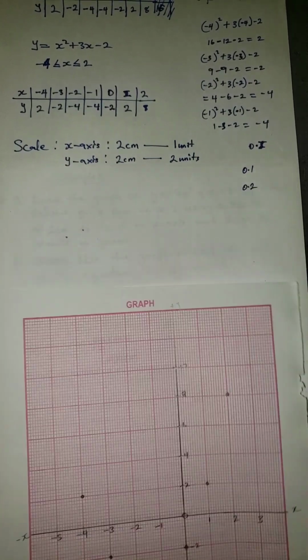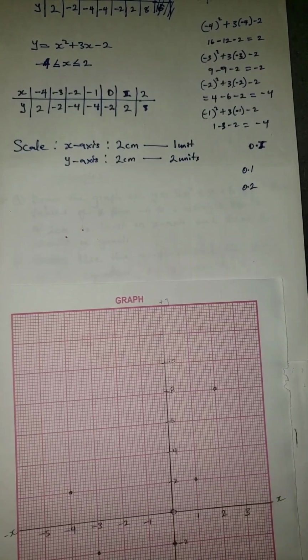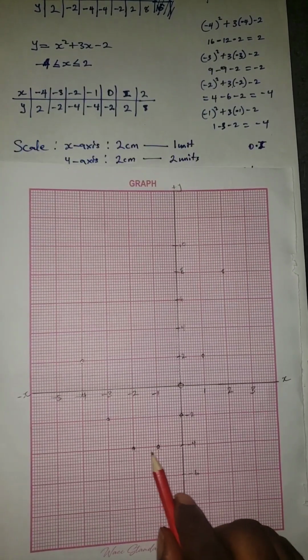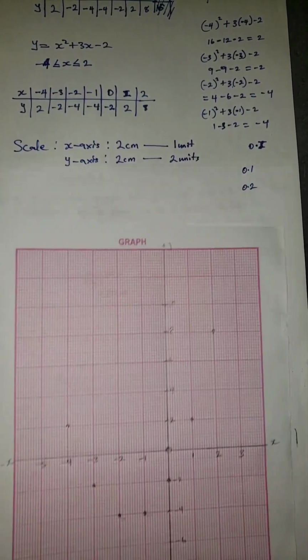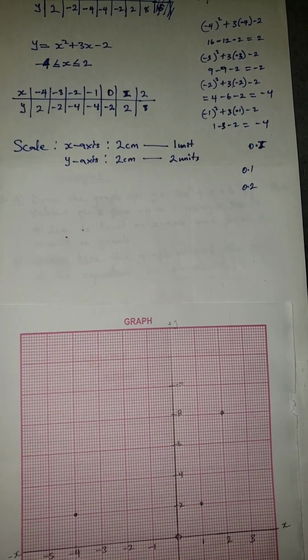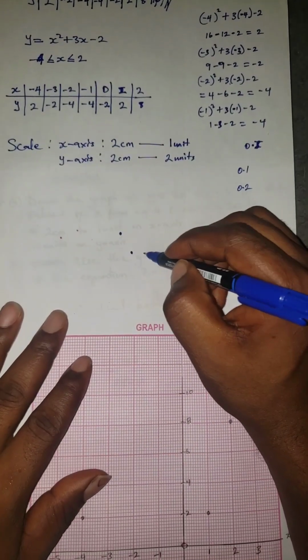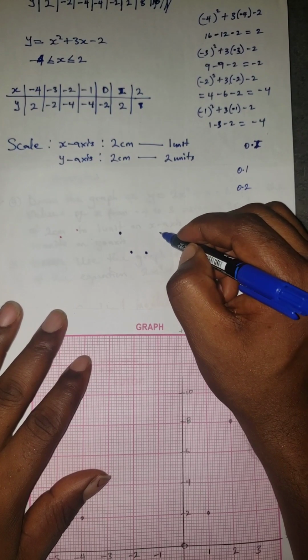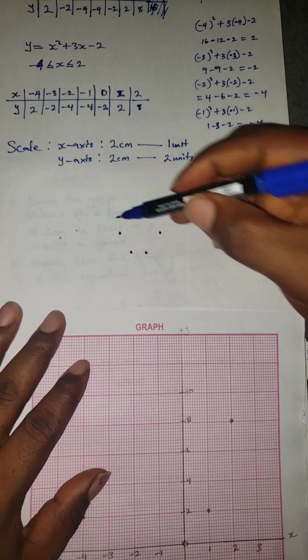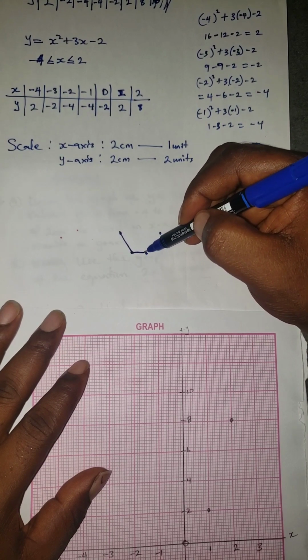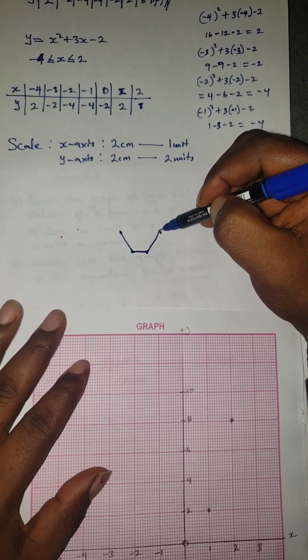Now, I want to say something, especially because of these 2 points here. Some students are fond of this: when you have a point like this and you are trying to get a curve, you see them coming like this, going straight and going up.